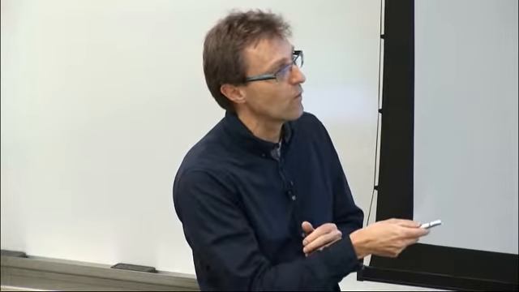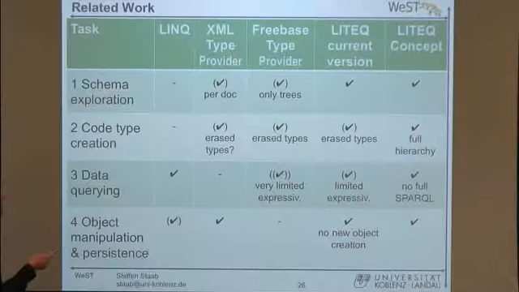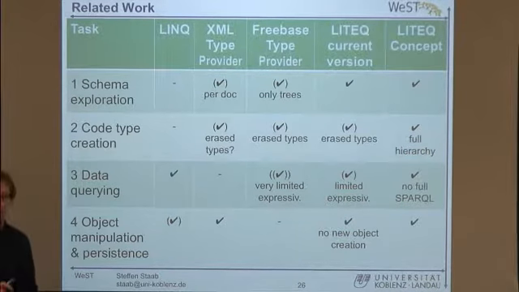That's something we would like to have, right? So that's where we want to go here and have really the full types and the full hierarchy. But that's not part of the type hierarchy mechanism as it is now. Here I was not quite sure, so that's why I put the question mark, but we believe it's also erased types, but we did not do a full investigation.